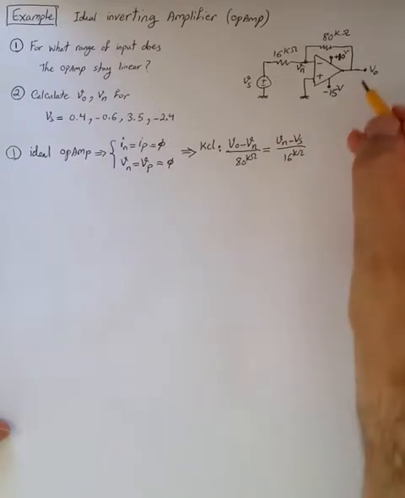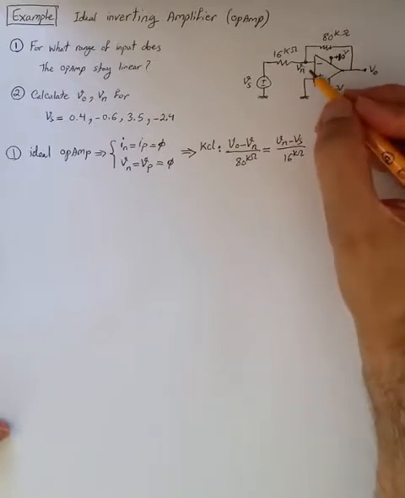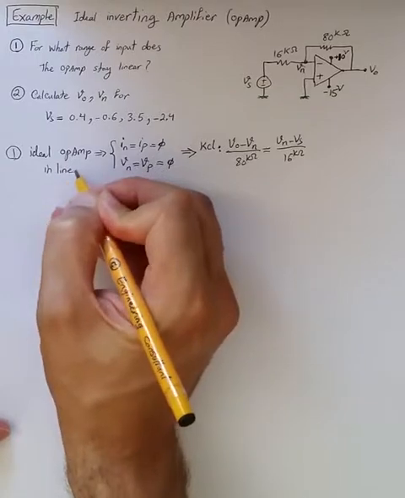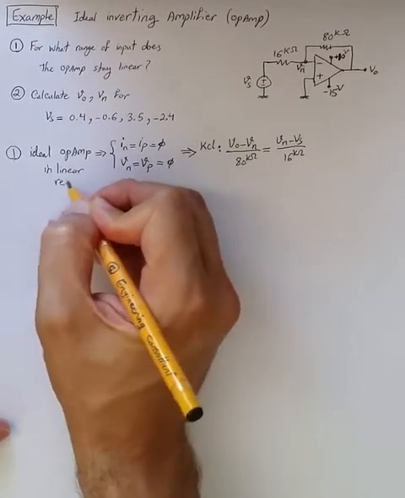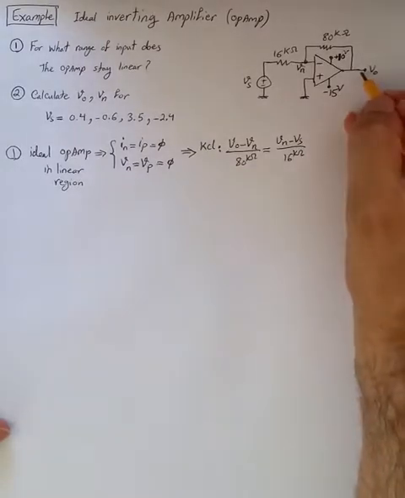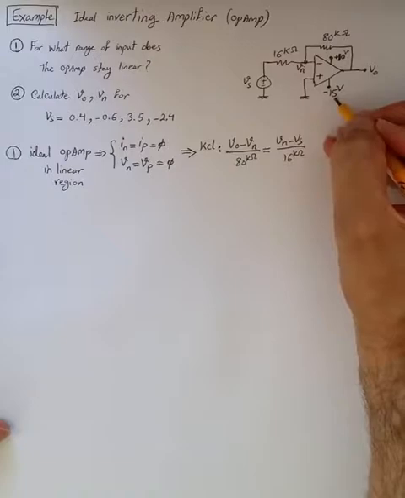Now, as long as the op-amp remains in the linear region of operation, these conditions will hold. By linear region it means V out should not go above plus 10 volt and should not go below minus 15 volt.